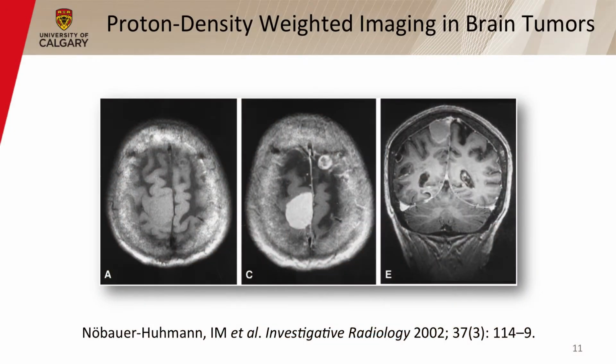Here's an example of using proton density weighted imaging in brain tumors. We know that gray matter, white matter, and CSF in a healthy subject are going to have specific properties. When we start talking about tumors, they're going to have drastically different properties, typically presented as, in this case, proton density. So you can see this large tumor here on this proton density weighted image.